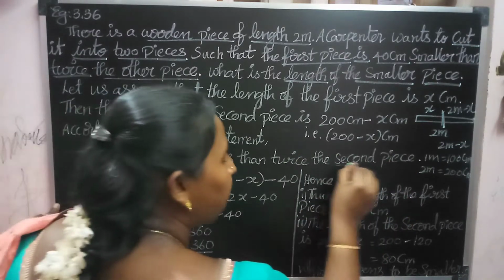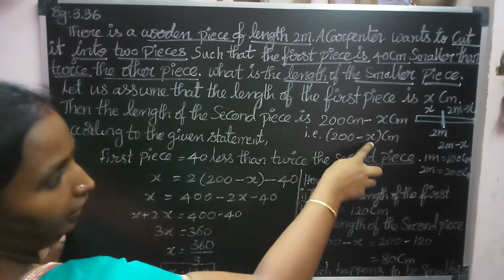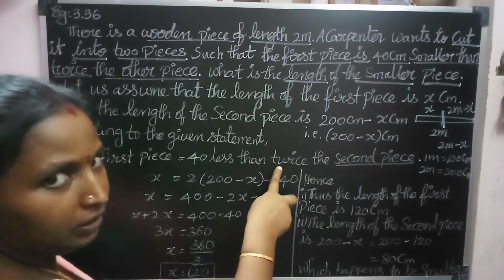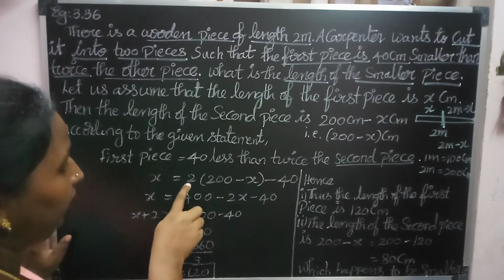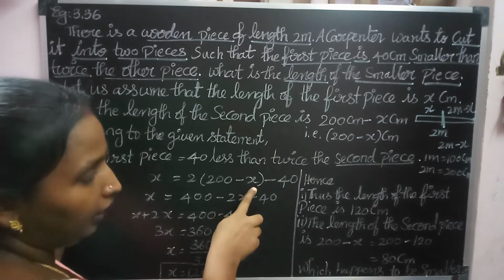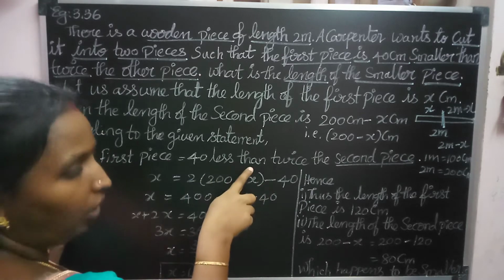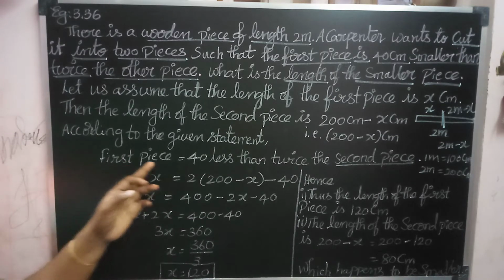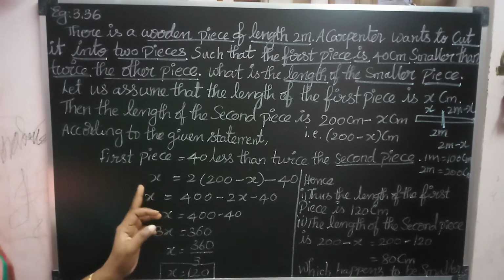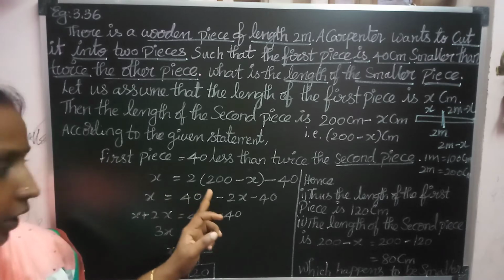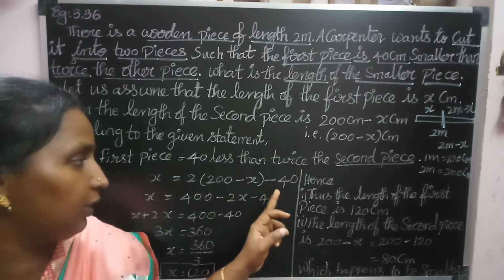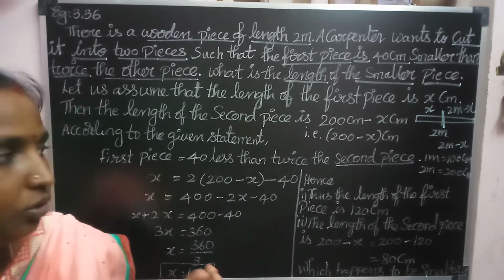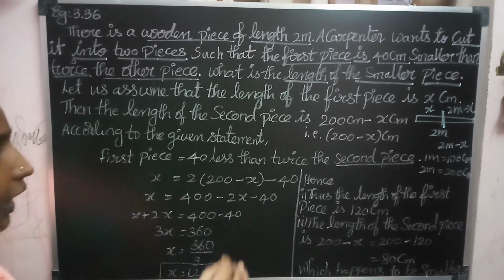The second piece is 200 minus x. Twice means 2 times, so write 2 into 200 minus x. Less than 40 means I have to write minus 40. The length of the first piece is x. So x equals 2 into 200 minus x minus 40. Did you understand this step? I will repeat it again.